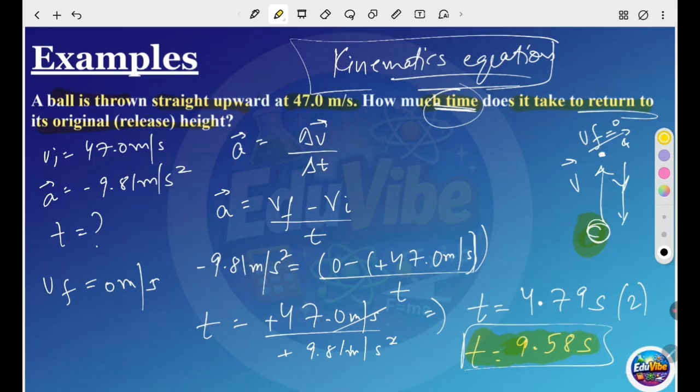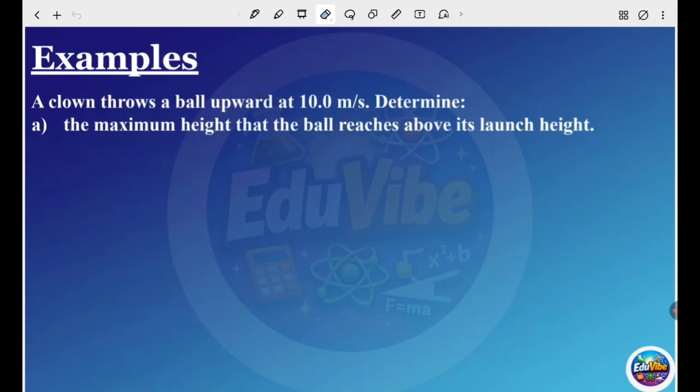So let's do another example, which is: the clown throws a ball upward at 10.0 meter per second. Determine the maximum height that the ball reaches above its launch height.